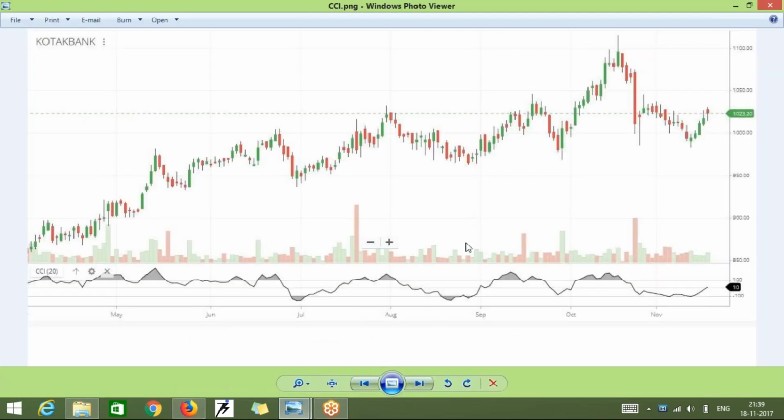I have already opened this one. This is a chart of Kotak Bank, and I have added the CCI indicator here. Now, as said, it tells you about the overbought and oversold regions. Just a minute.